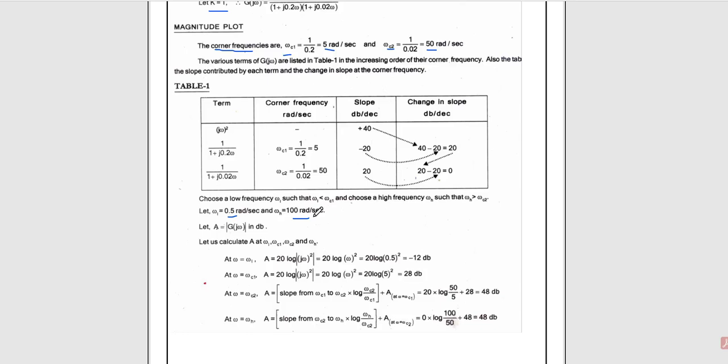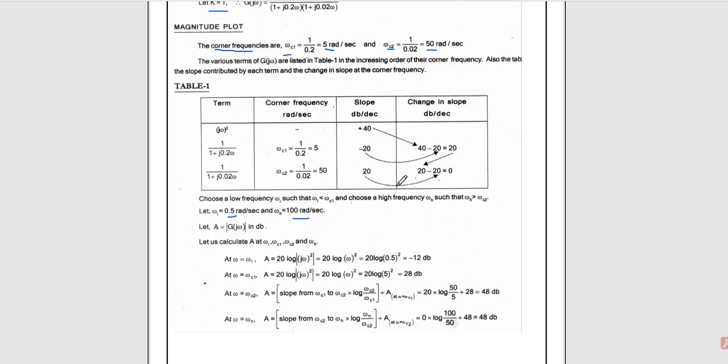So to get a neat graph and a better solution, we go for 100 as omega H, not 60 or 70. Always choose omega H greater than omega c2. If it is 50, take 100. So this is the lower frequency and higher cutoff frequency.